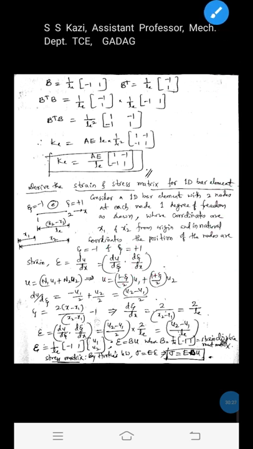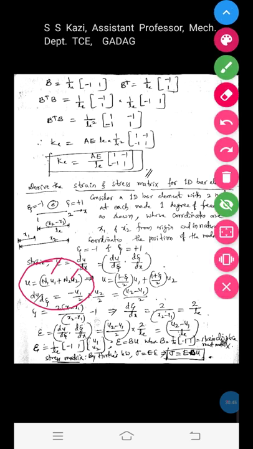We know that in the other video on shape functions we discussed what a shape function is. Shape functions are used to establish the relationship between the field variable and the variables at the nodes, where n1 and n2 are the shape functions.